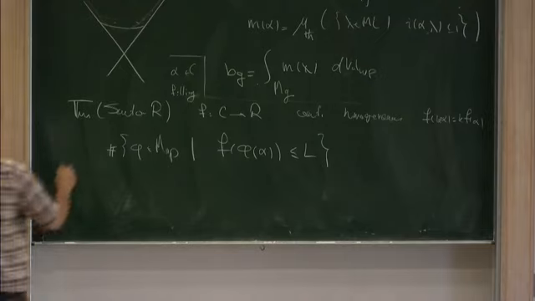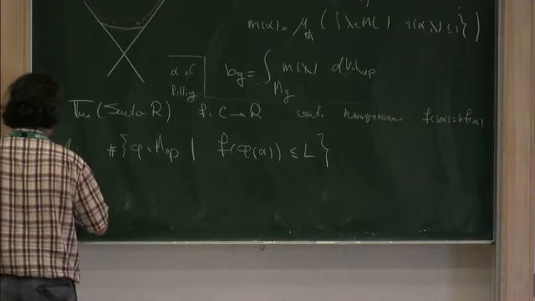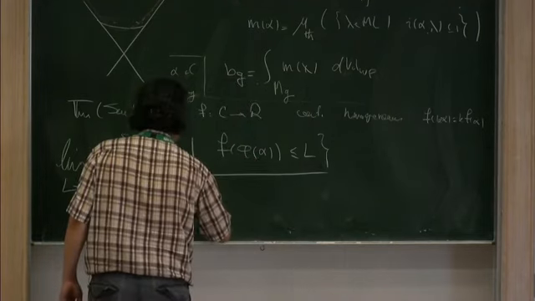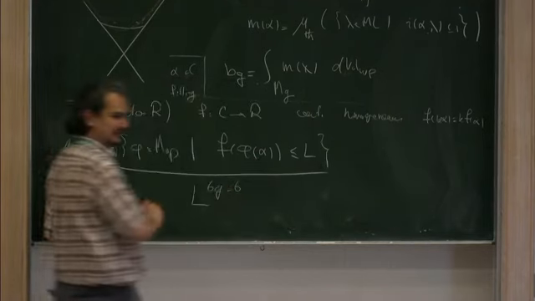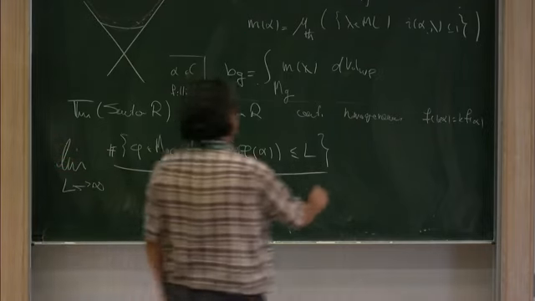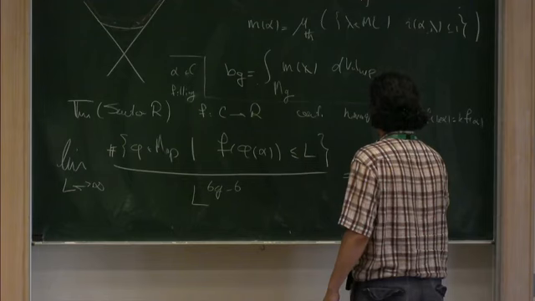And the theorem says that if I take the limit of this as L goes to infinity, it basically grows like L to the power of 6g minus 6. And in fact, the limit of the ratio exists. And in fact, I know what the constant is.